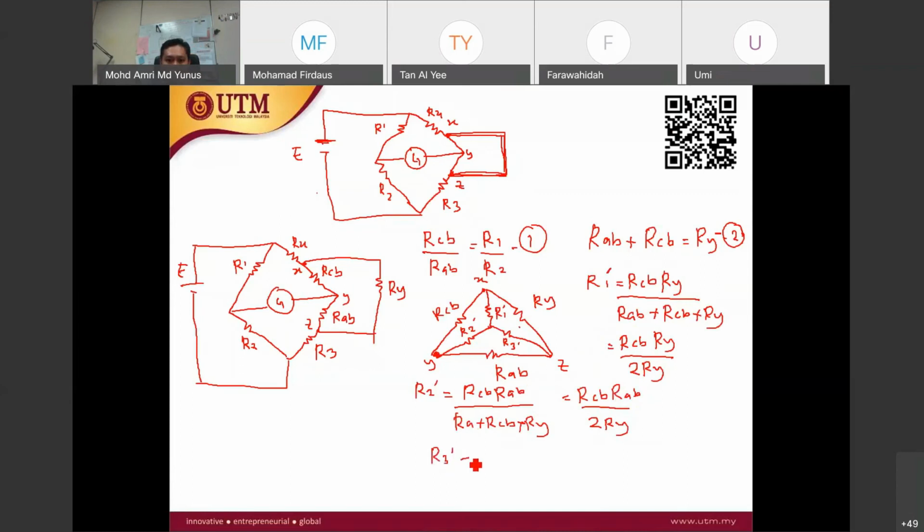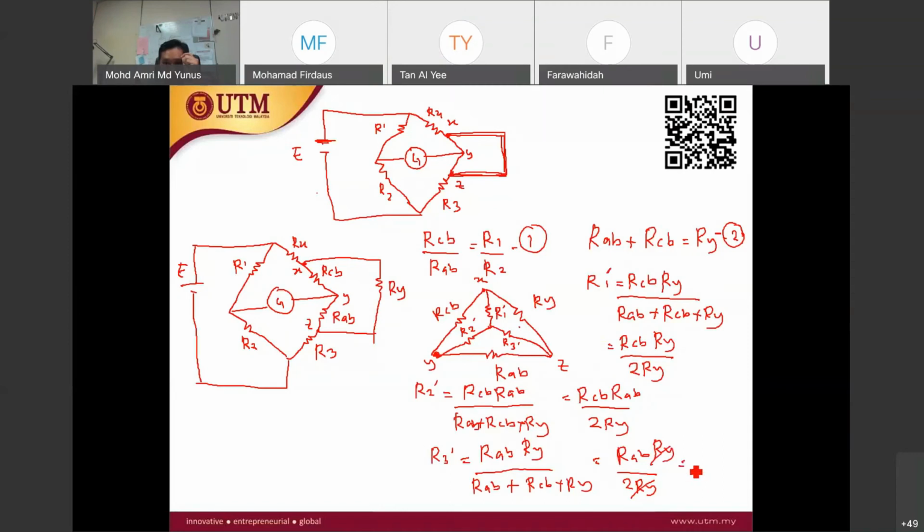R3 prime will be equivalent to RAB multiply with RY over RAB plus, this is AB, RCB plus RY, equivalent to RAB multiply with RY over 2RY.